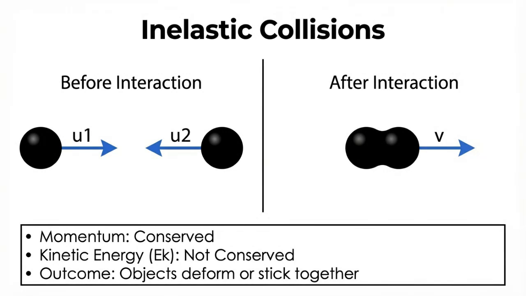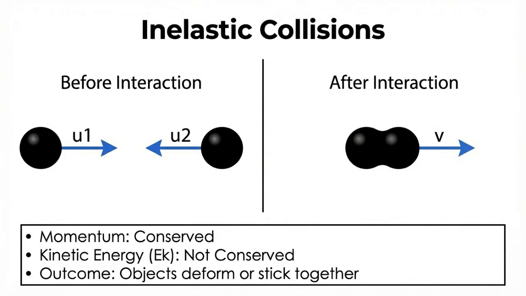In an inelastic collision, the total momentum before and after the interaction remains the same, meaning momentum is conserved. However, kinetic energy is not conserved because some of it is transformed into other forms of energy, like heat or sound, or is used to deform the objects involved.